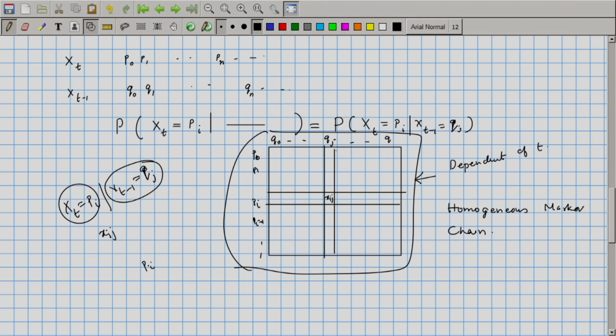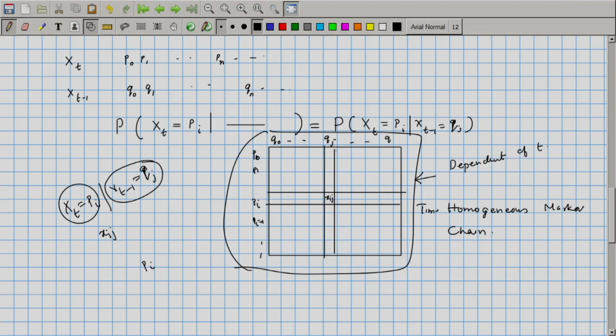And if this matrix has no dependence on t, or in other words for all t's this was the same matrix, those kind of Markov processes are what we call time homogeneous Markov processes. Okay. And in this lecture and in this course we will bother only about time homogeneous Markov chains.